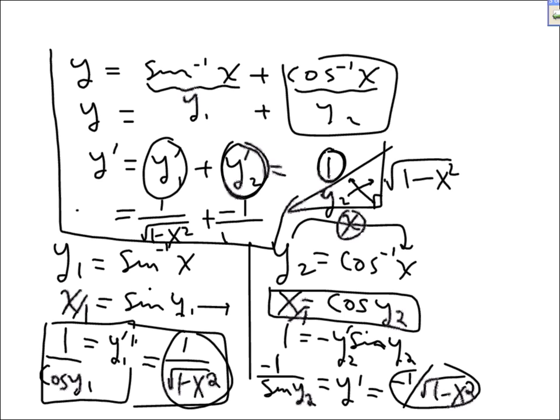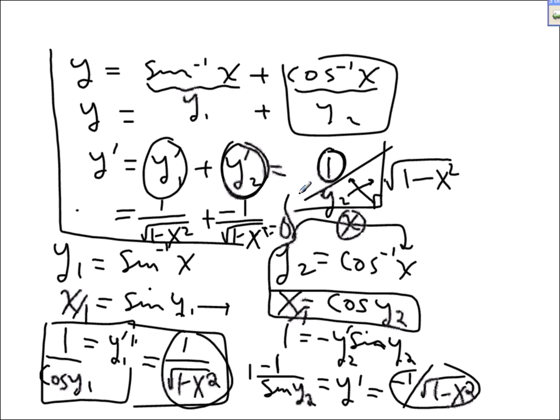It's negative 1 over square root of 1 minus x squared. Well, this sum is 0. Okay, and that's the answer.